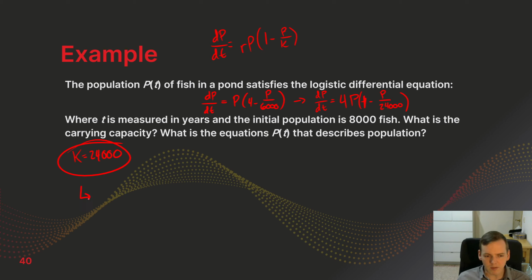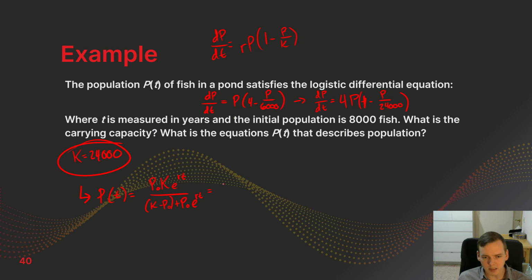But for the sake of this exercise, because we know the general solution to the logistic differential equation, P of t equals P naught K e to the rt over K minus P naught plus P naught e to the rt, we can just plug things in.